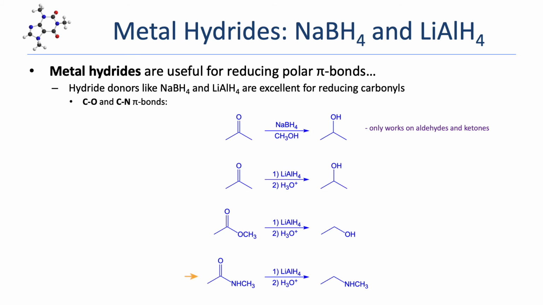In the last example, we see an amide reduced with lithium aluminum hydride to give an amine. Remember that reductions of nitrogen-containing functional groups like amides and nitriles typically result in the formation of an amine and not an alcohol. Also notice that in all four reactions, the carbon ends up at the first redox level, forming either an alcohol or an amine.